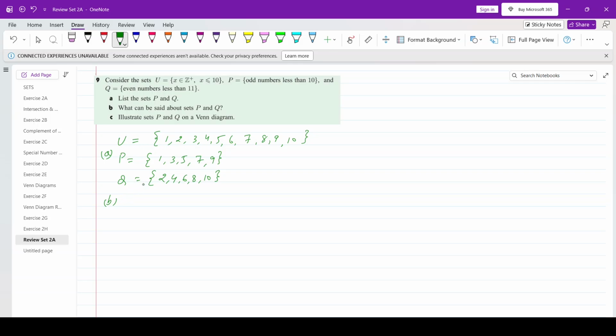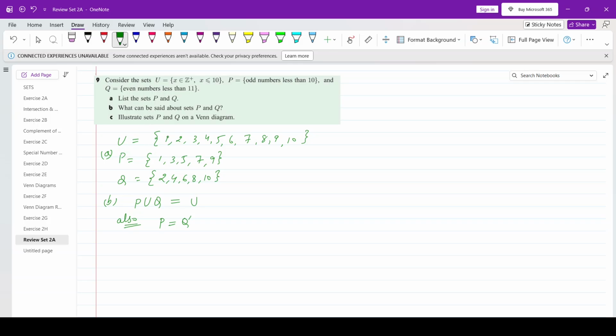So the first thing we can say about P and Q is that P union Q is equal to the universal set, and also P is equal to Q complement, because all the elements of the universal set that are not present in P are present in Q, and the same goes the other way.